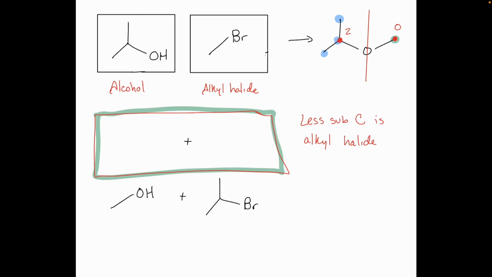All right, so now we're going to learn about how to break apart an ether. So starting with an ether, if we treat it with a strong acid like hydrobromic acid, we basically have the opposite reaction. This will decompose into an alcohol and an alkyl halide.